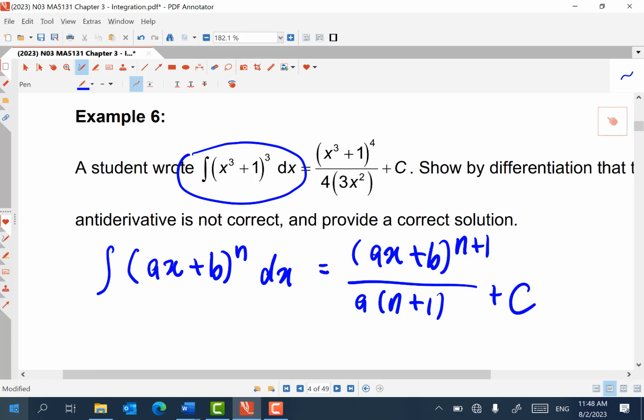Example 6, the correct solution. Yu Tong, please. Anyone want to give a prompt to her?